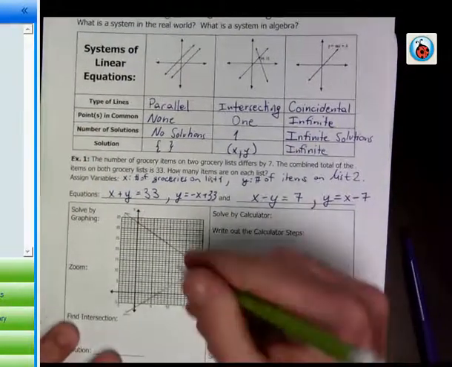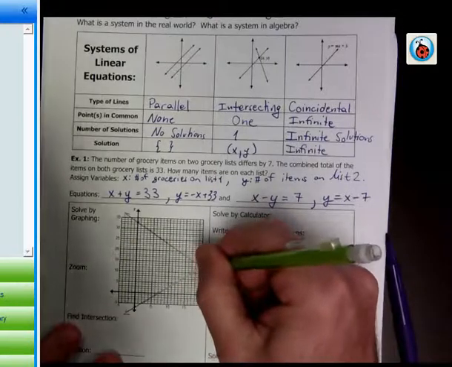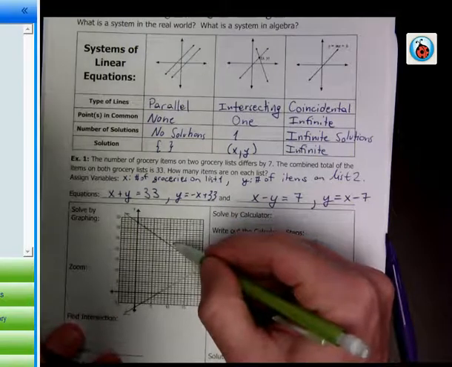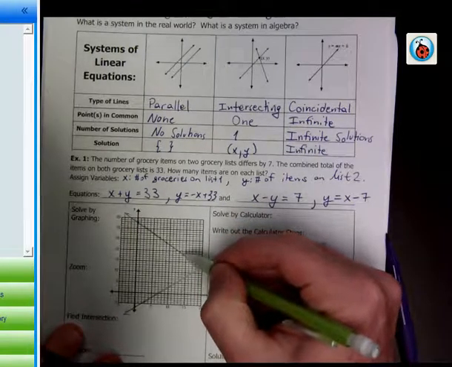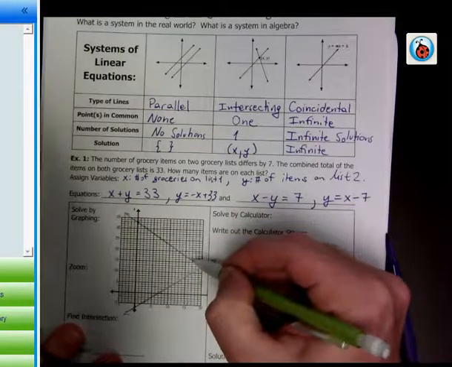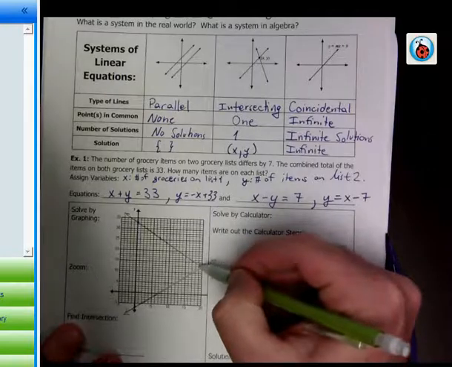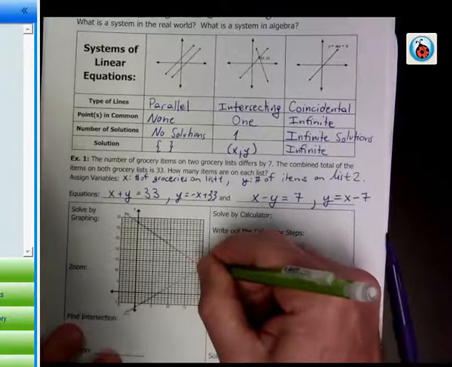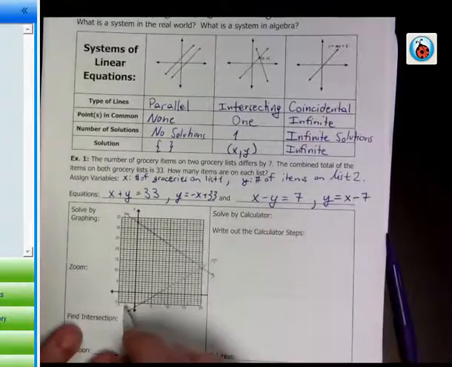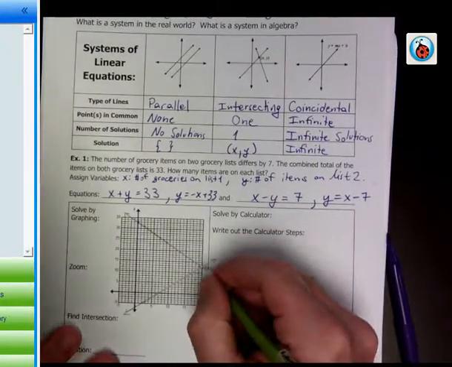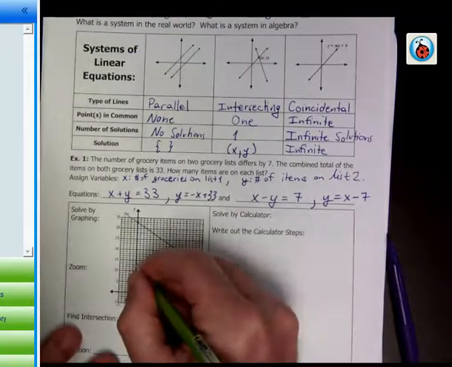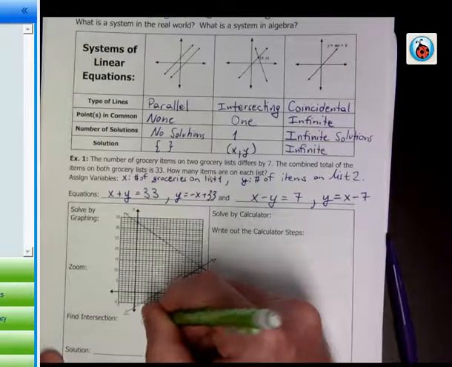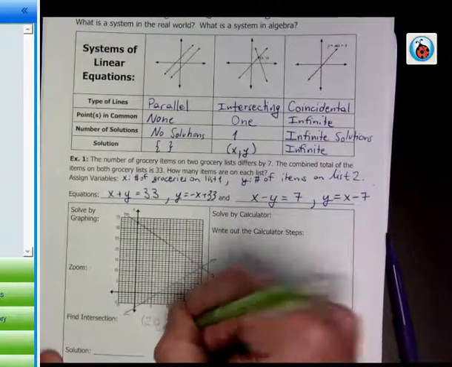Now I have to look at the point where they intersect. The thing is, with graphing, you have to be very, very precise. So it seems that's the point. If you look at that point, it's right 20 and up 13. So 20, 13.